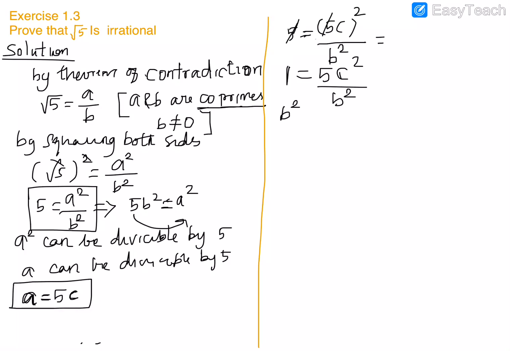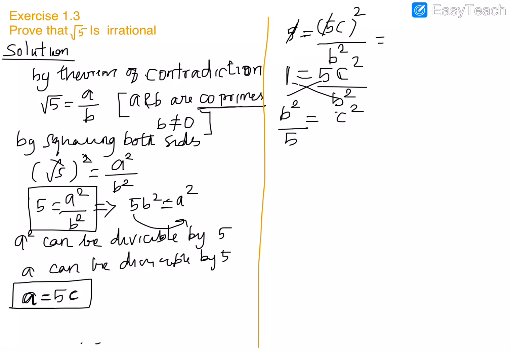Next I do the cross multiplication. So b square equals 5c square. In this step, I take 5 to the other side, so b square by 5 equals c square. Hope you understand how to do this.